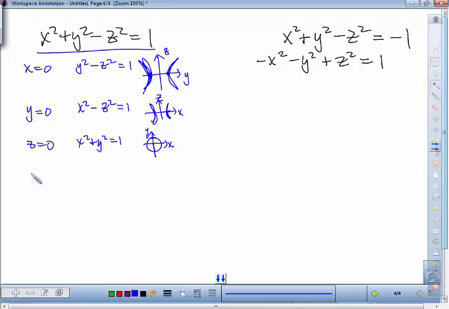Like maybe z is equal to 1. If z is equal to 1, I get x squared plus y squared is equal to, this is negative 1 brought over to the other side. Does that become 2? So that's another circle, slightly bigger. How about if we put negative 1? We'll get the same thing.